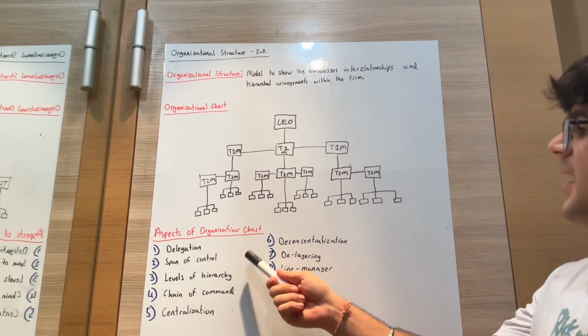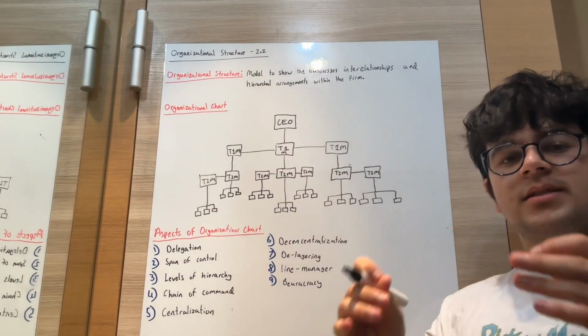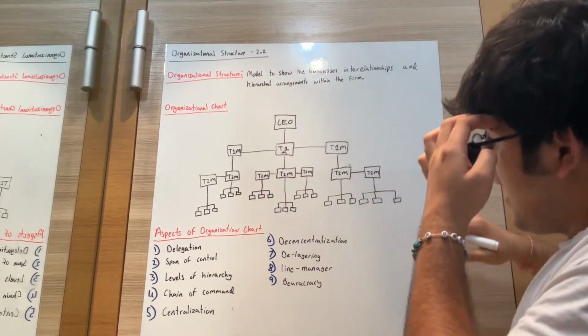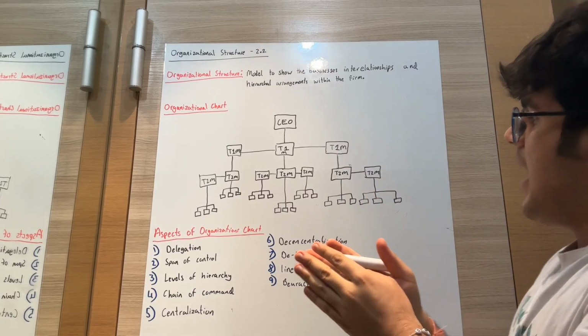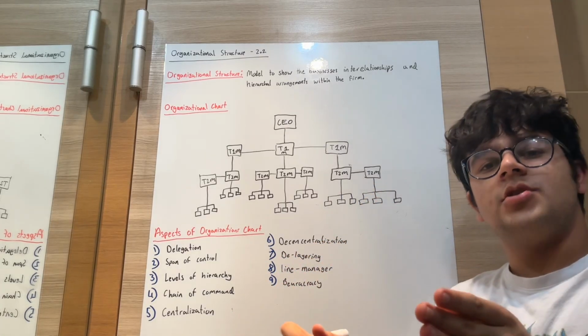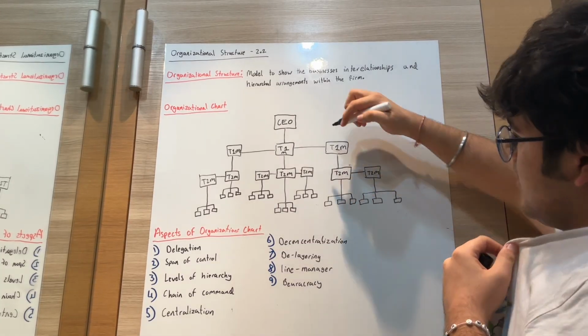So, span of control. Now, this is a term that we apply to managers, and it's how many people the managers have under them. So let's look over here, okay?